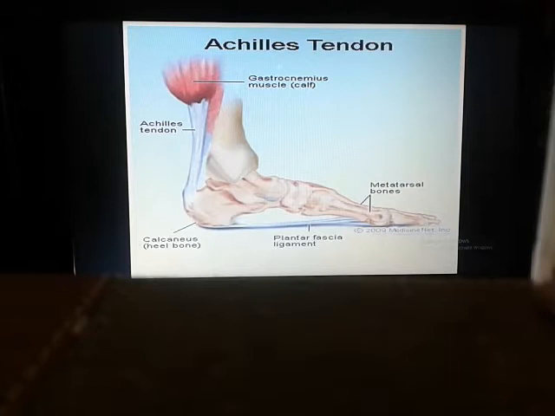This is called the ligament, where 2 bones join. This part and this part are connecting, and this is your muscular part, and this is also your bone part. So the tissue connecting muscle to bone is called tendon.